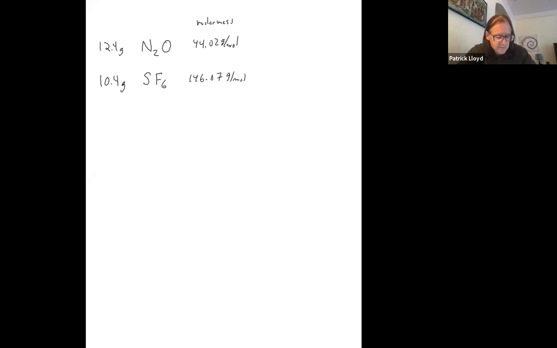So let's calculate moles of each. How do we find the moles of a substance if we know its mass and the molar mass? You take mass over molar mass, and that gives you the moles, right? So 12.4 over 44.02. Then you get 0.2817 moles.